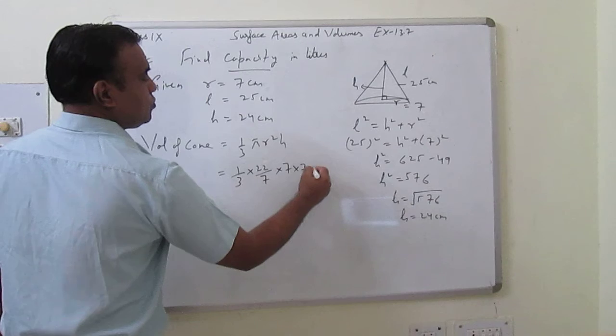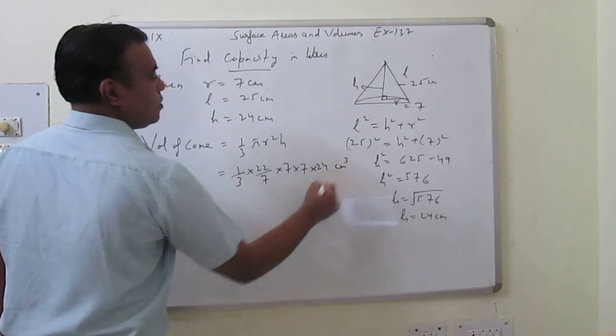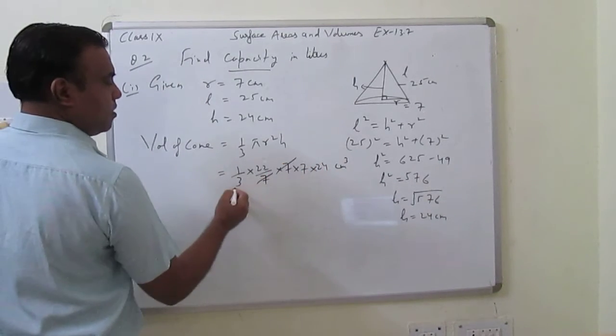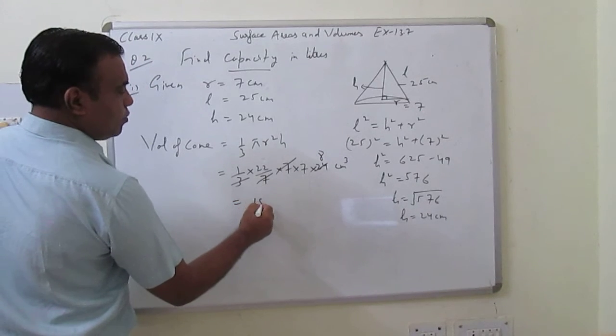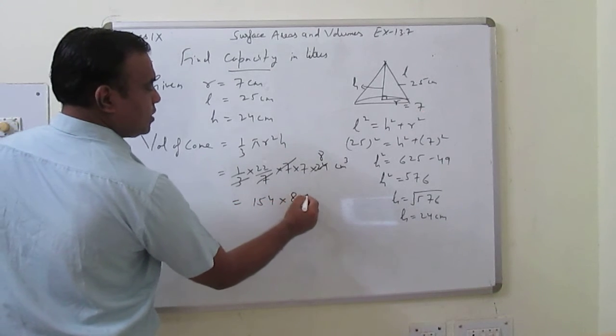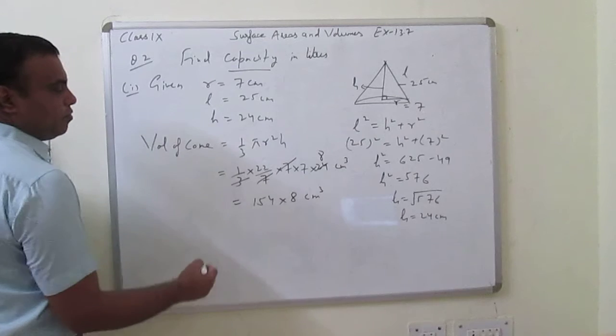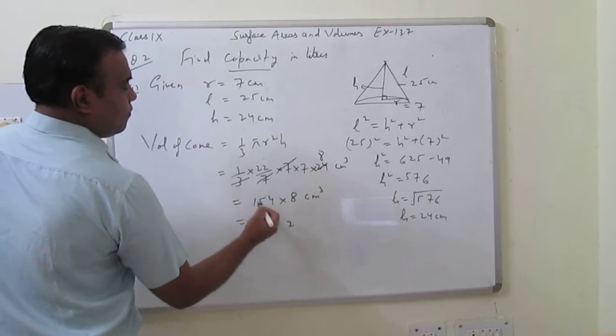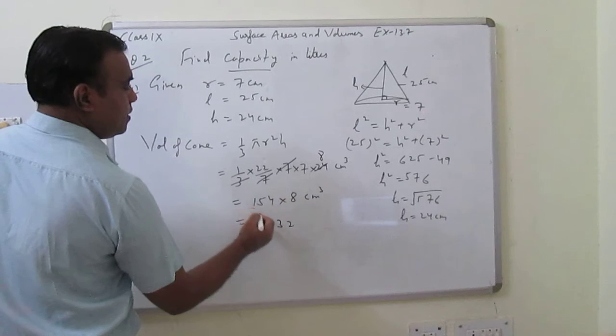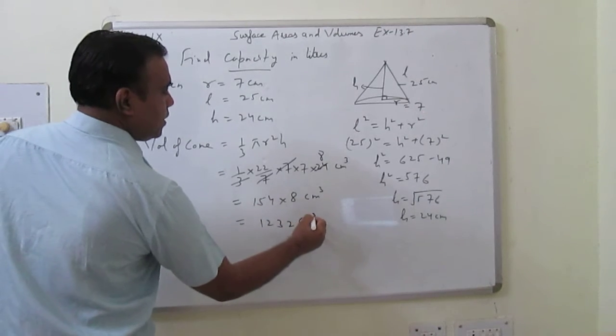And what is h? 24 centimeter cube. This 7 cancel out. This will cut and comes 8. 22 into 7, 154 into 8 centimeter cube. When you multiply it, you will get 1232 centimeter cube.